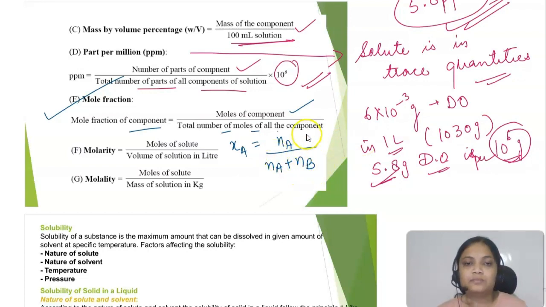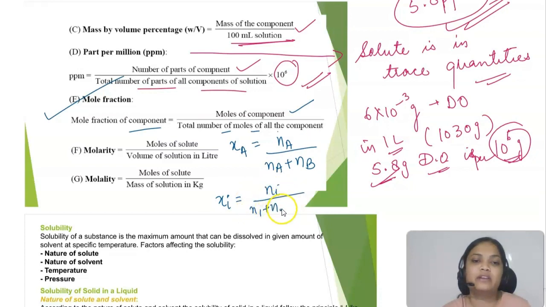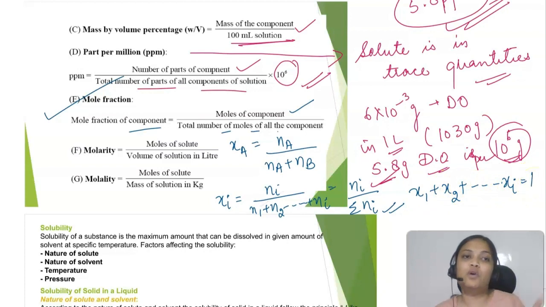In the same way, if i is any component, then Xi is Ni divided by N1 plus N2, and so on up to Ni. So I can say it's Ni upon sigma Ni. And you must know that the total of all the mole fractions of all the components is going to be 1. If there are two components, then Xa plus Xb is going to be 1.